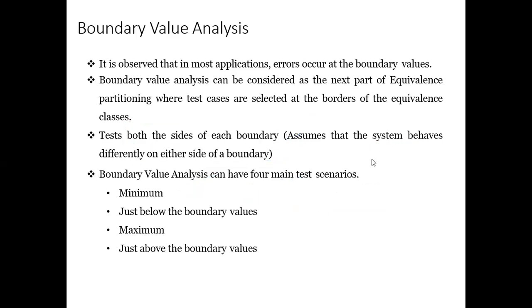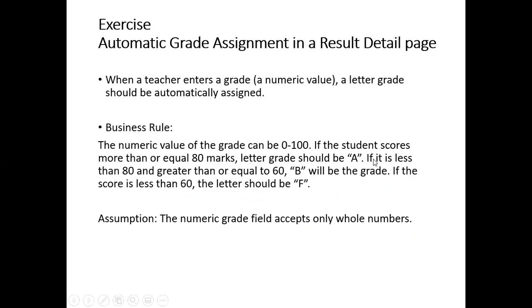Now we'll discuss another example. This is regarding an automatic grade assignment field, let's say in a result detail page. Right? When a teacher enters a grade, it is a numeric value, a letter grade should be automatically assigned. It's something like this, right?